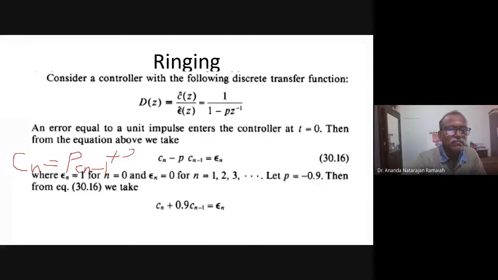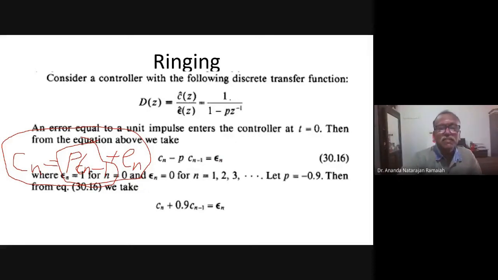So what is the meaning of this? C of n, the present controller output, equals P multiplied by previous controller output plus error E of n. This is the realization of this controller.